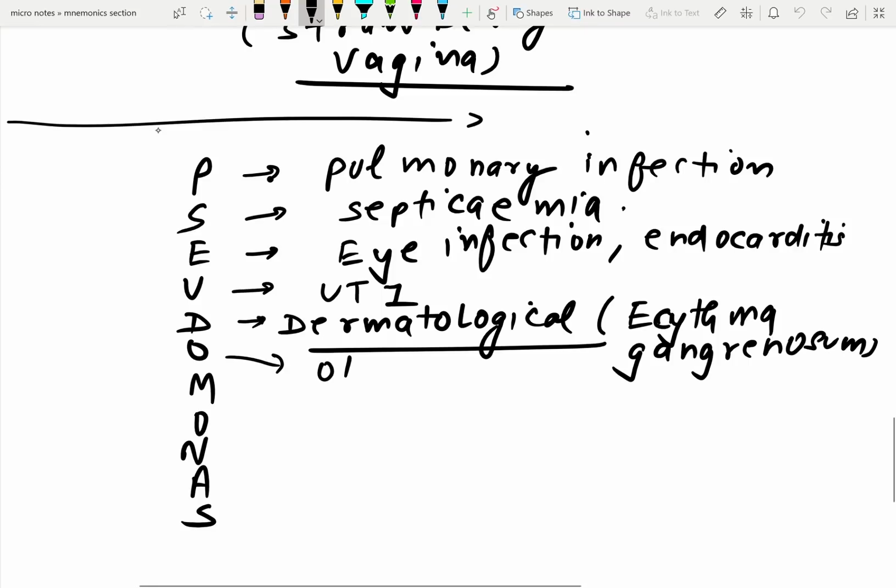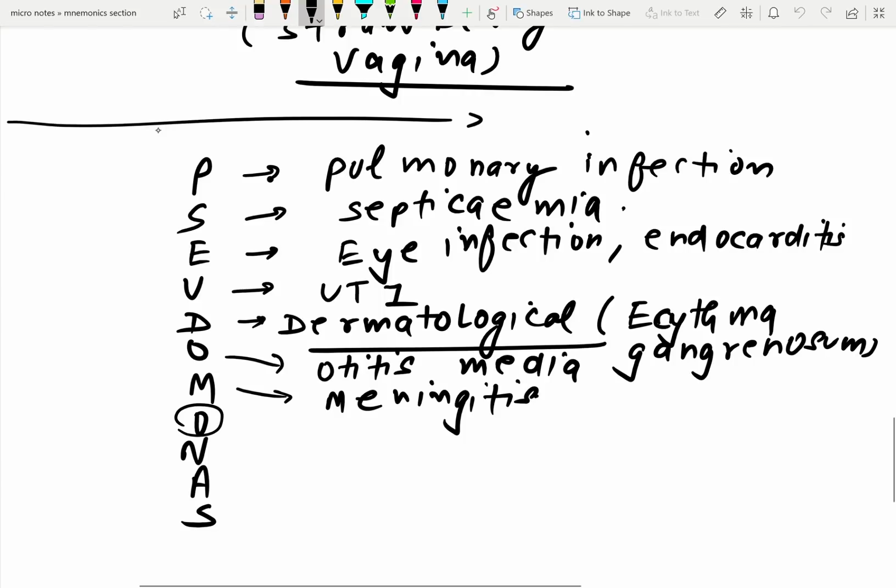O is otitis media. M is meningitis, which it associates with rarely. O is just part of the mnemonic. N is nail bed infections; it can cause nail bed infections also.